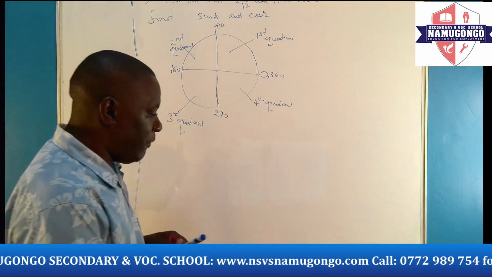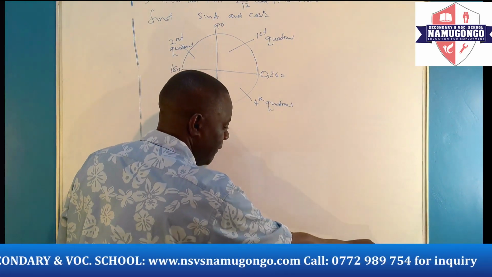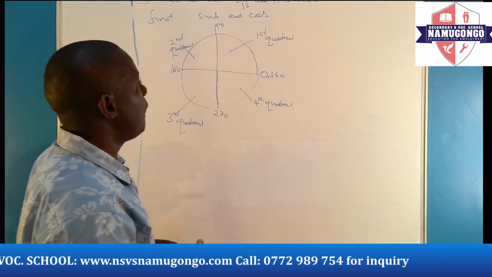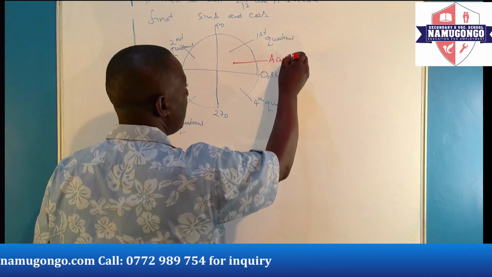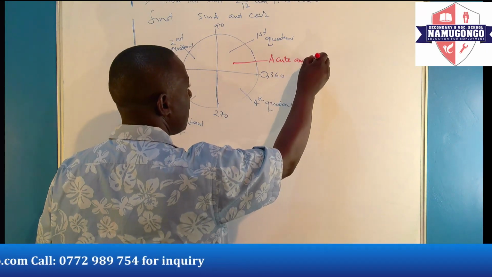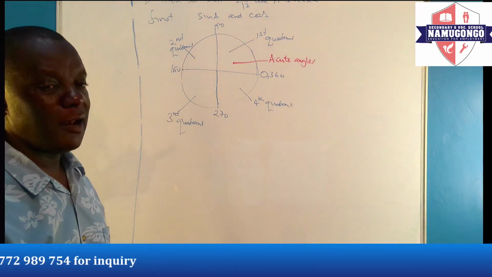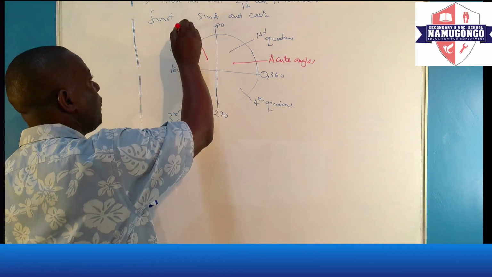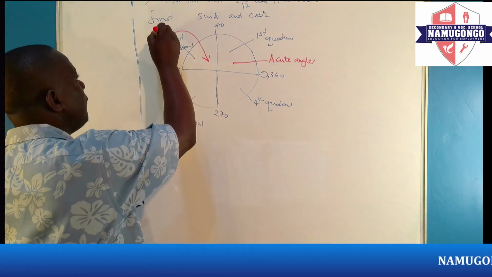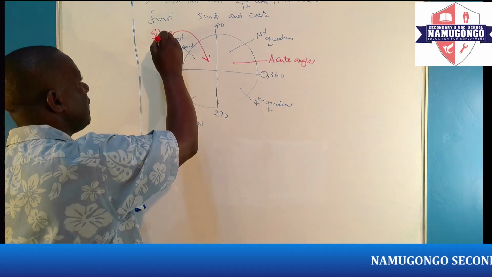Now, the first quadrant, from 0 to 90, all the angles here are acute angles. Angles that lie between 0 and 90 are called acute angles. Then angles in the second quadrant are obtuse angles.